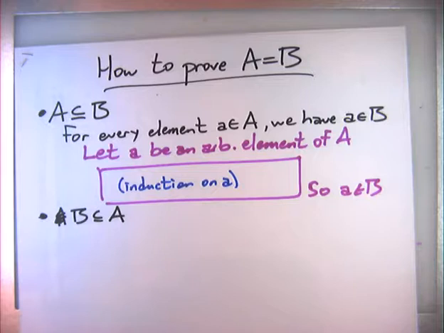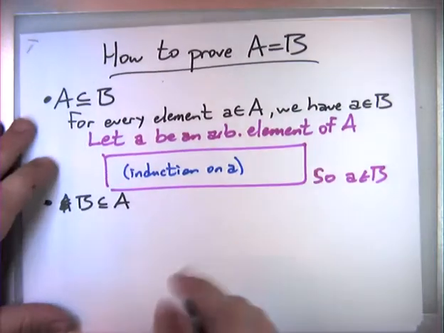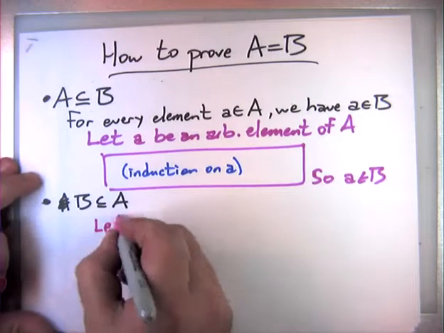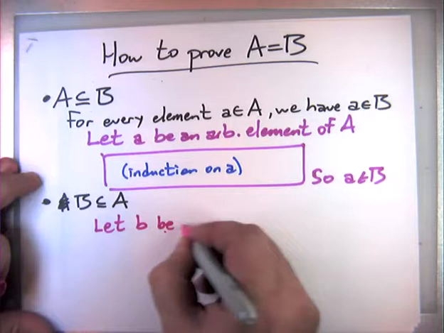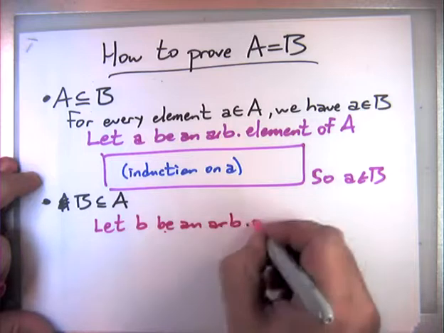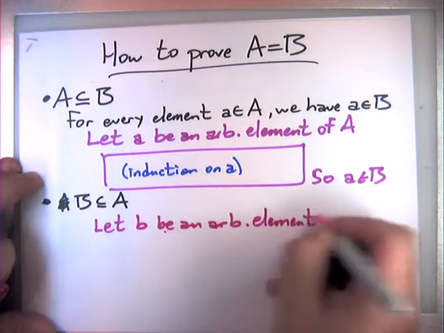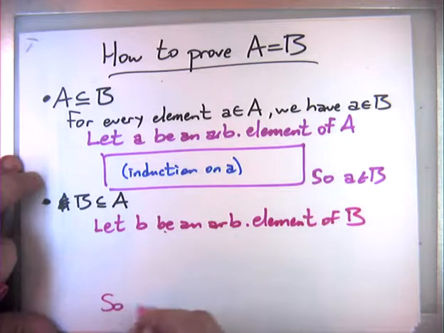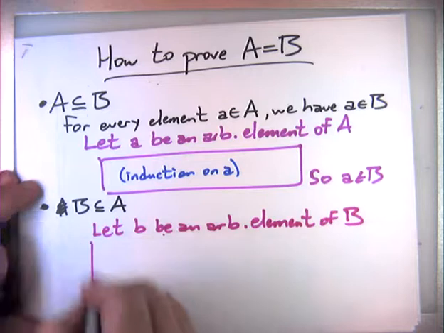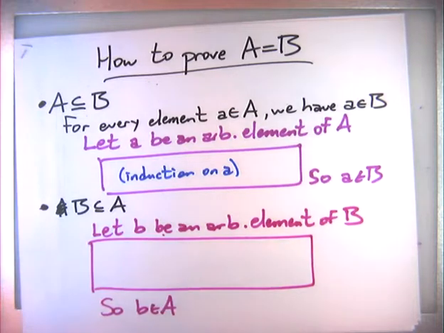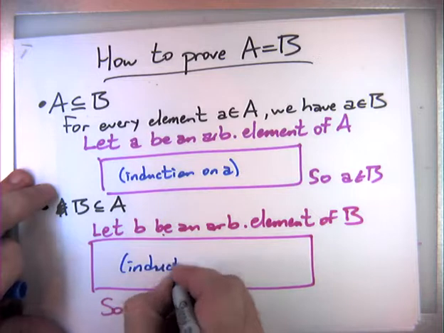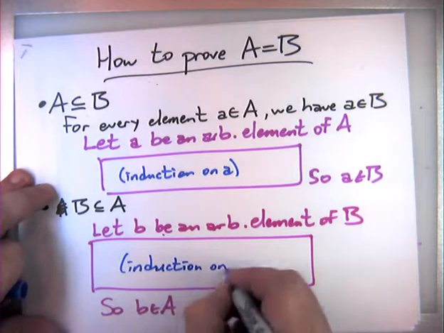And similarly, if I want to prove that set B is a subset of set A, the way I would start that proof is I would say, let b be an arbitrary element of set B, and then I would conclude, so in fact b is an element of A. And inside this box, I'm probably going to be doing induction on this element b.